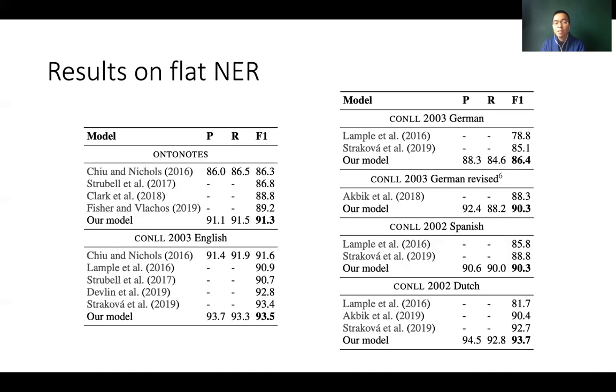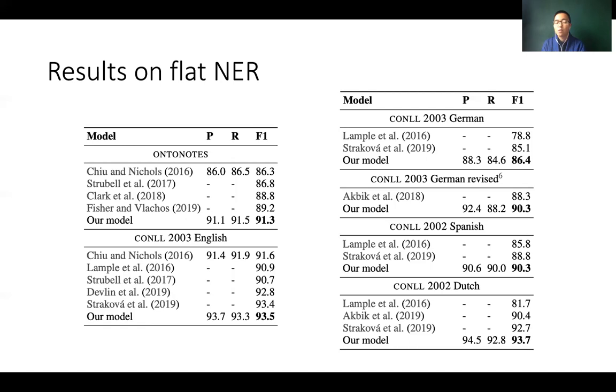And for flat NER, we evaluated on 5 different corpora, with 2 different variants for the German corpus, as evaluated by the previous work. For the CoNLL shared tasks, we only have 4 labels. And for OntoNotes, we have about 18 different named entity classes.